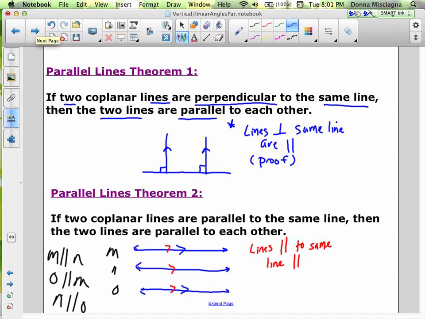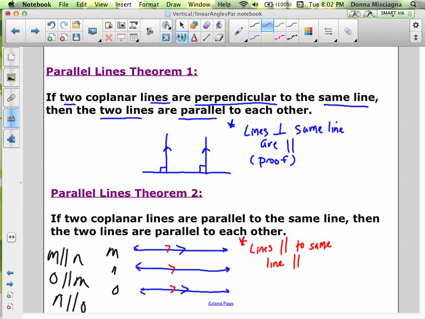And parallel lines theorem. So if two coplanar lines are parallel to the same line, the two lines are parallel to one another. So here we have line M parallel to line N, line O parallel to line M. Since they're both parallel to the same line, line N has to be parallel to line O. The other two have to be parallel. Right? And here you can abbreviate this in your notes: lines parallel to the same line are parallel.